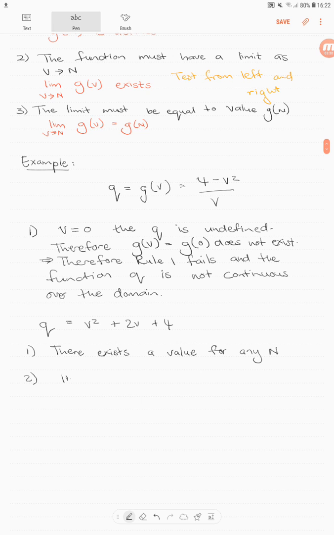Secondly, the limit as v approaches 4 or any other value, so q(4) is equal to 4 squared plus 2 times 4 plus 4, which is equal to 28. So the limit exists.